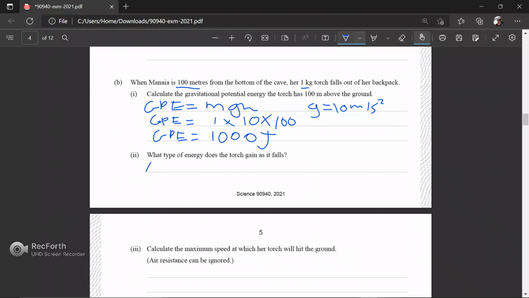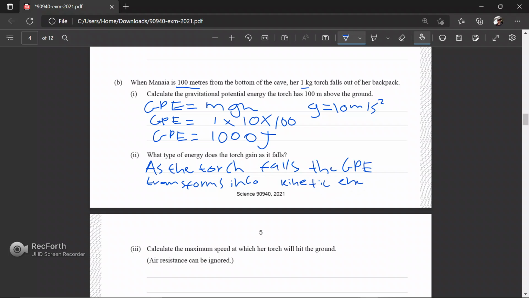So here we can write that as the torch falls, the GPE transforms into kinetic energy.